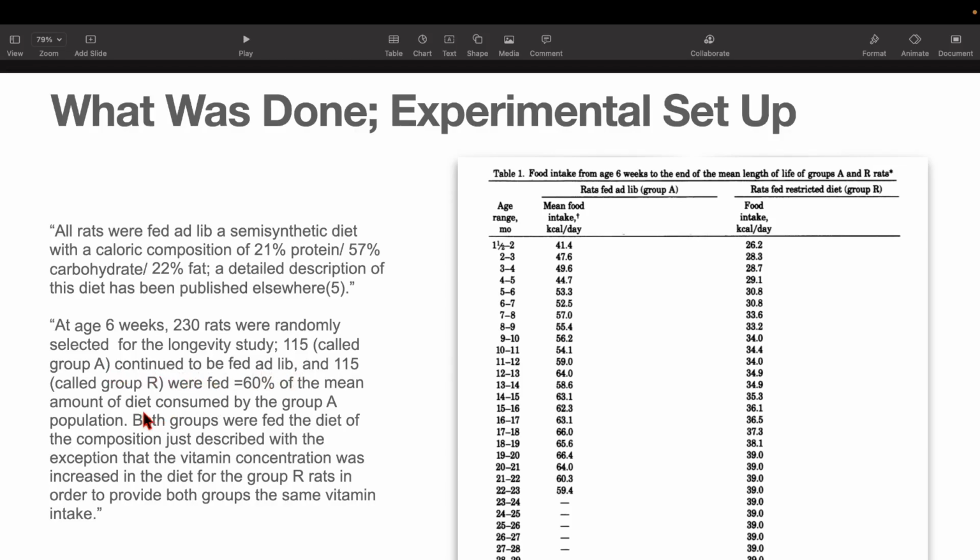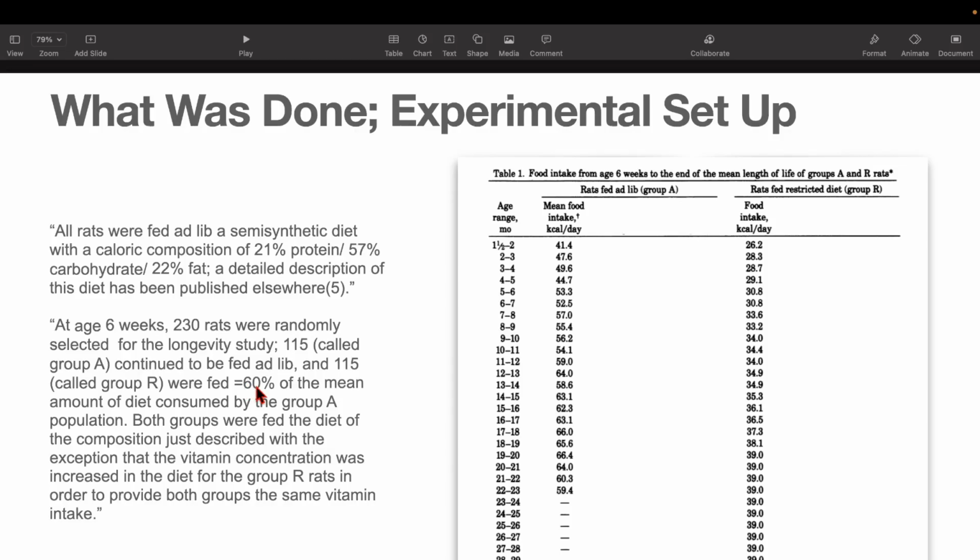And 115, called Group R for restriction, were fed 60% of the mean amount of diet consumed by the Group A population. So they basically had 40% less caloric intake than the ad libitum rats. The restricted rats ate 40% less calories than the ad libitum rats.